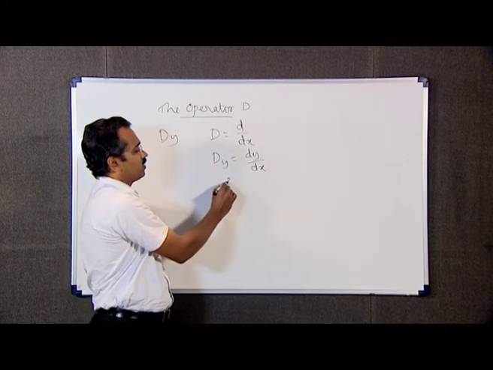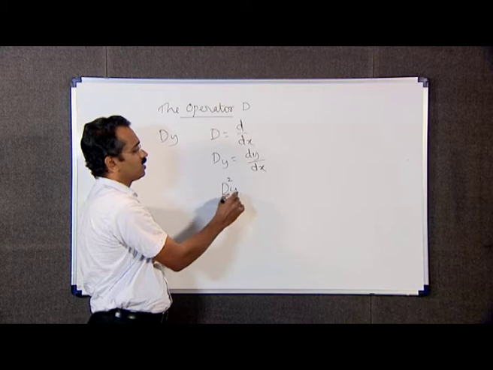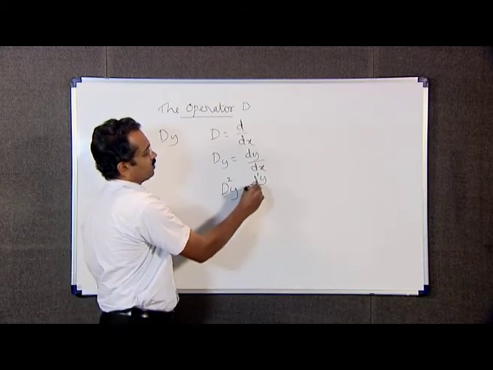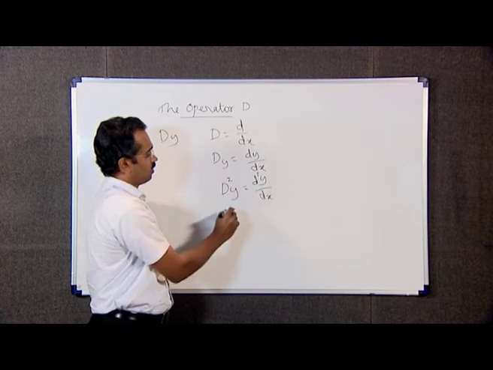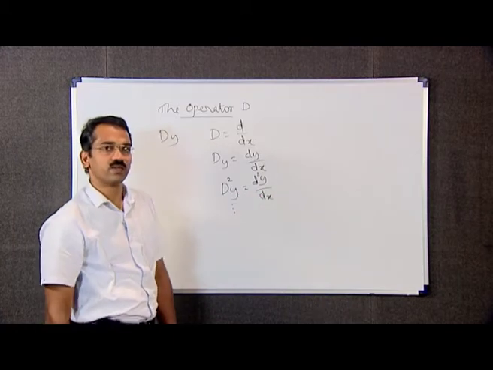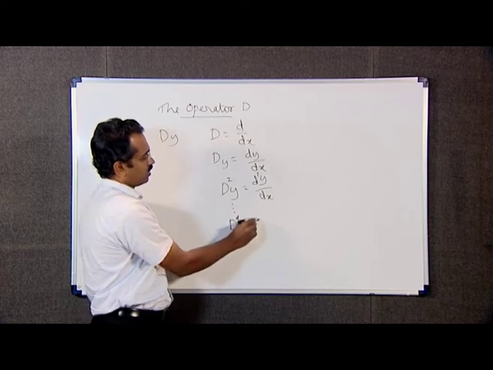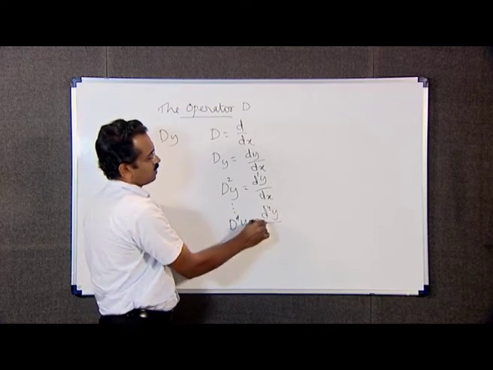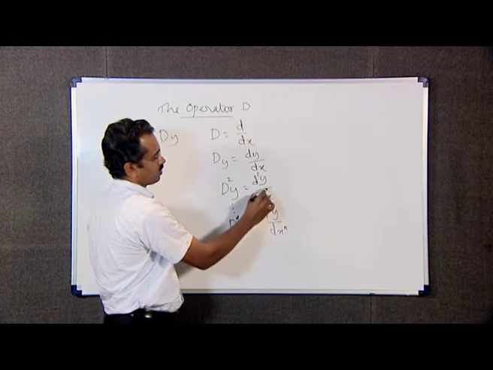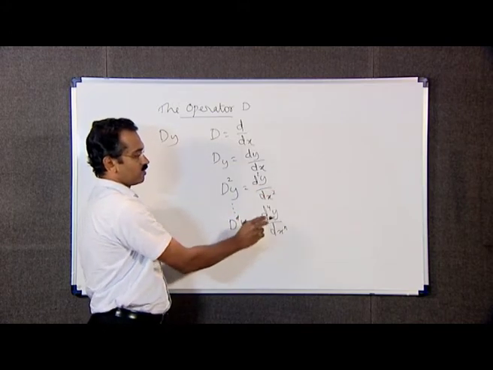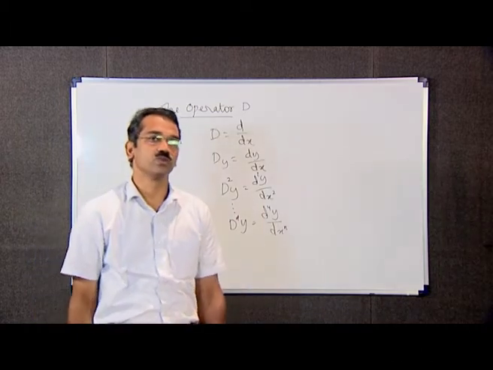The second derivative of y is D square y, which is equal to d square y by dx square, and in general D raised to n y is equal to d raised to n y by dx raised to n.